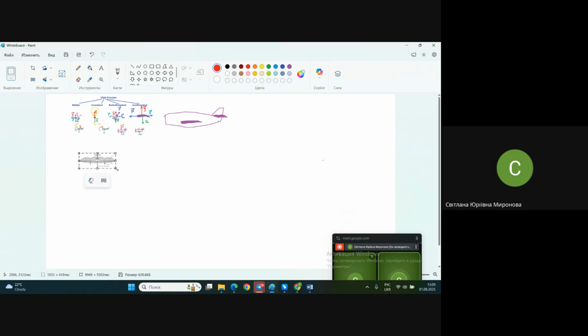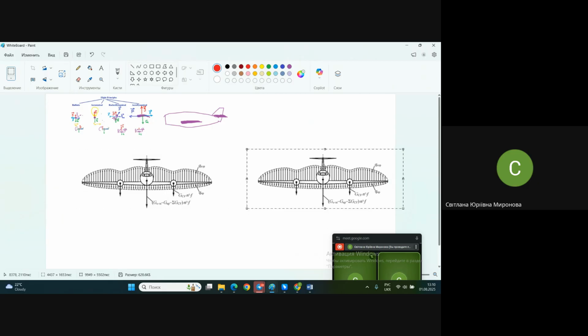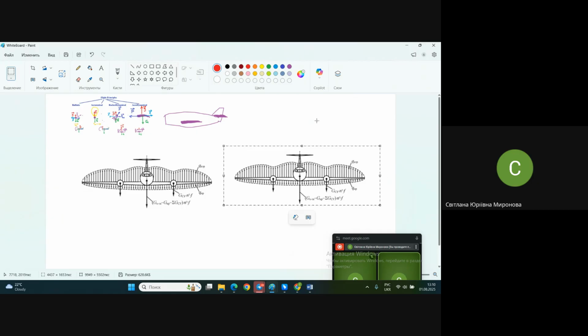Here is what we already talked about, or at least mentioned. Here is a load diagram, or it's called a picture of loads acting on the airplane in flight. In order for you to understand what is shown here: what loads an airplane may be subjected to.